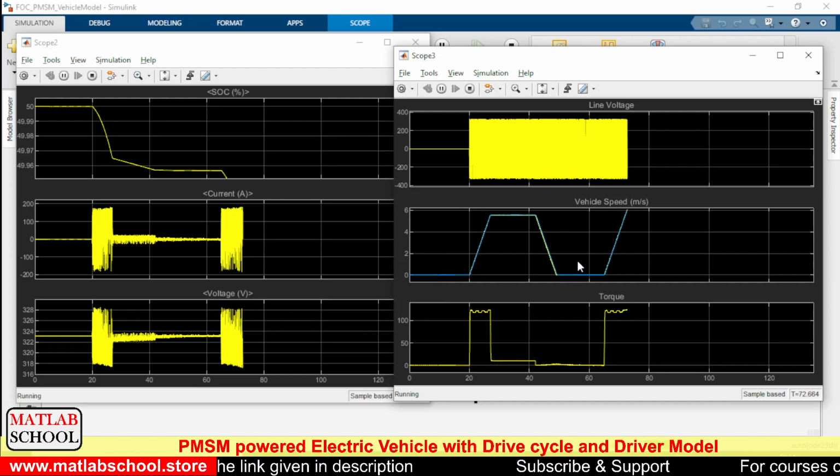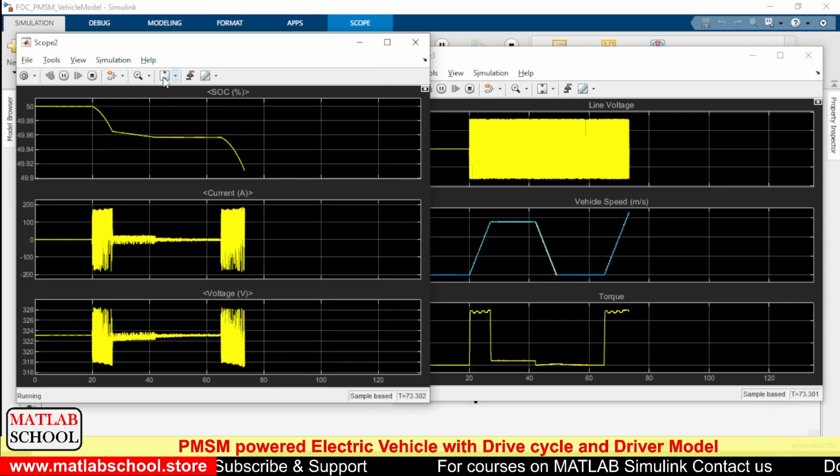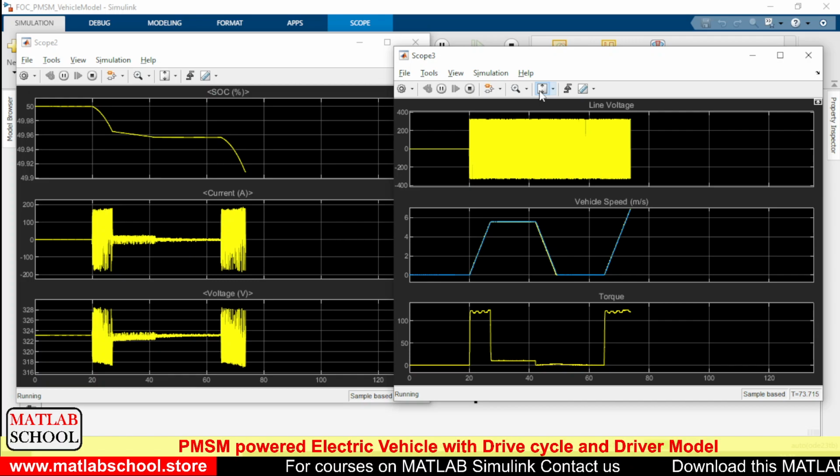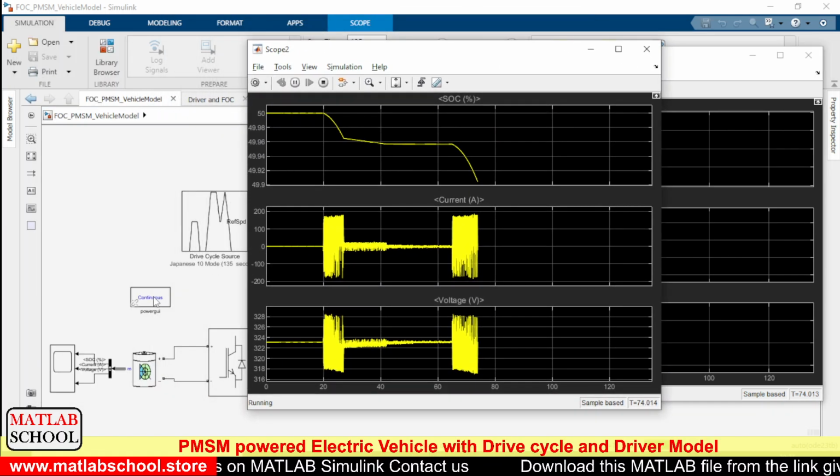As you can see, the vehicle speed is increasing again. So the vehicle is accelerating now. So as per this profile, the speed will reach, and at some point in time it will reach a flat speed profile, then the speed will decrease.